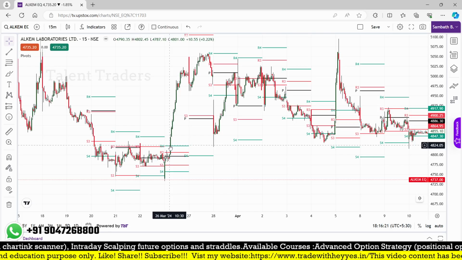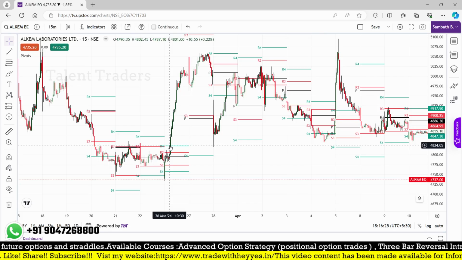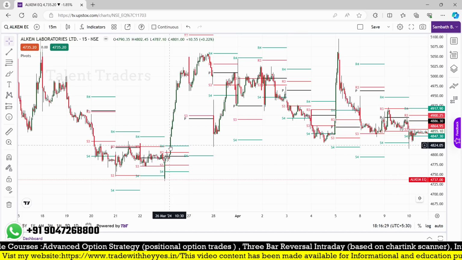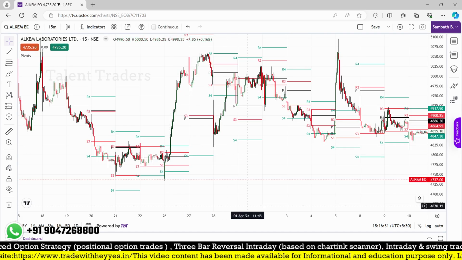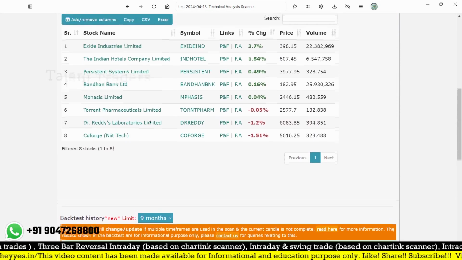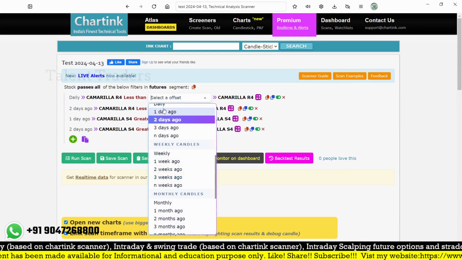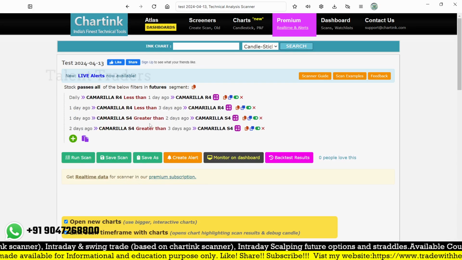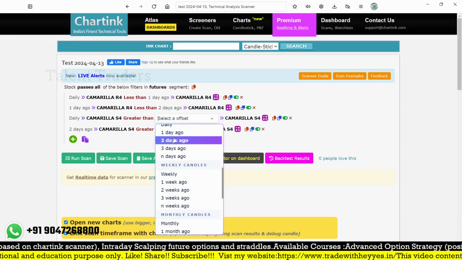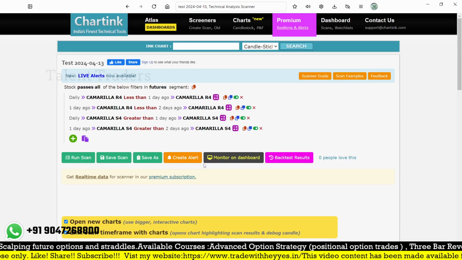And here, the one day ago which we have mentioned, for the next day's stocks, maybe tomorrow's stocks, you can change that coding into daily and 2 days ago. That will reflect here. So this was for today's stocks. If you are looking here at daily and one day ago, you can modify it to 2 days ago. That's it. It will find stocks for tomorrow, one day prior.